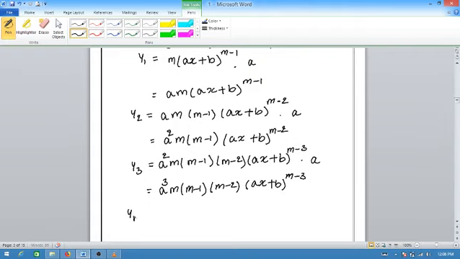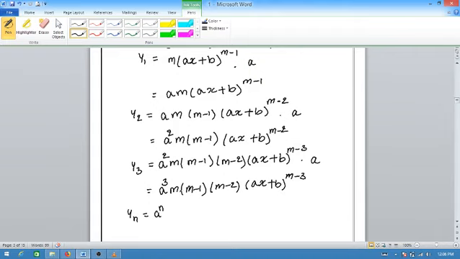So yn is equal to, see here, first the constant term, a term: y1 contains a raised to 1, y2 is a square, y3 is a cube. Similarly, yn is a raised to n. So y1 is m, y2 is m into m minus 1, y3 is m into m minus 1 into m minus 2.